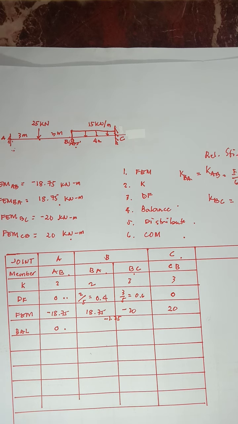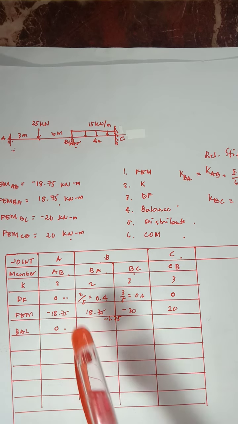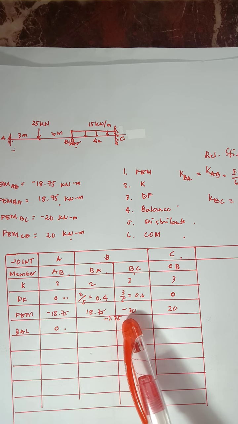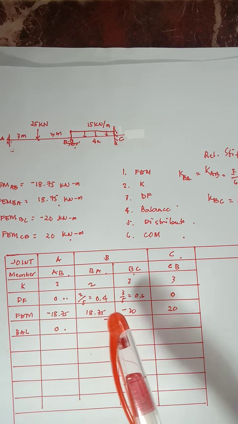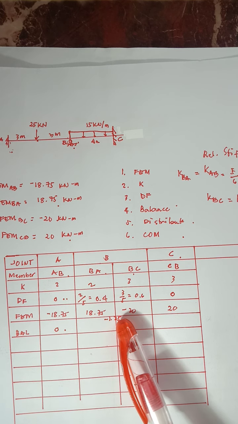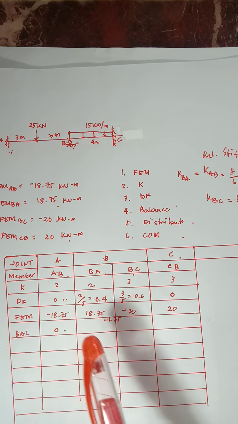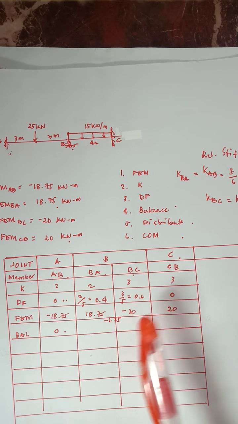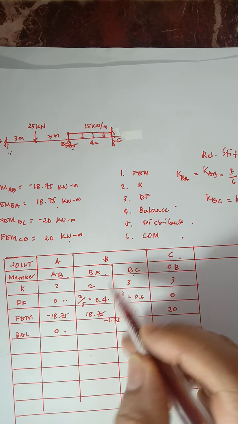So their balance is negative 1.25. Since the moment at the joint is negative 1.25, it is distributed to BA and BC, times the distribution factor.